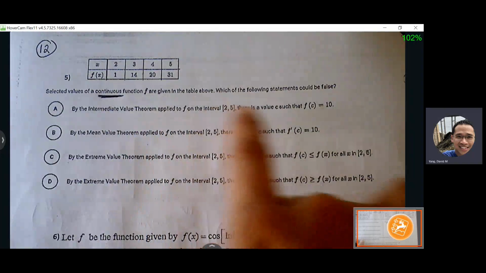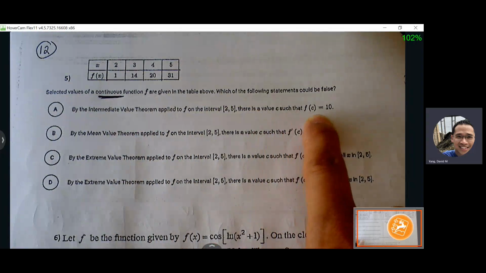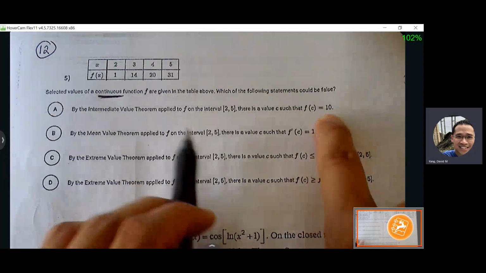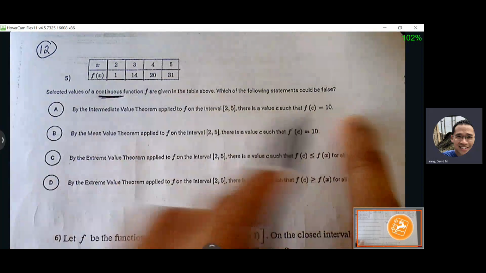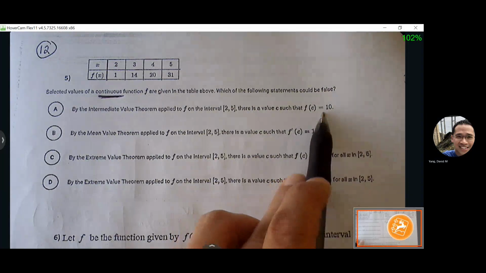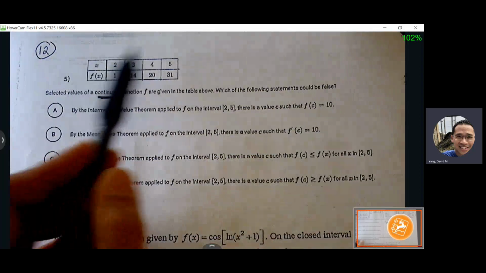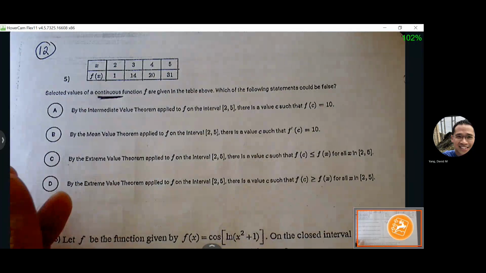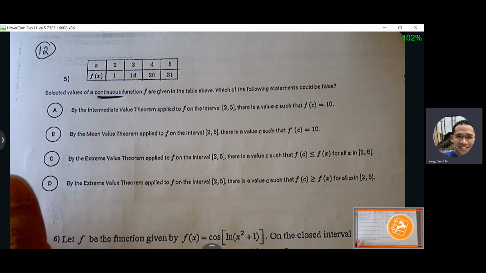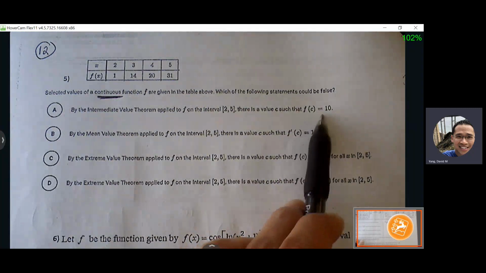By IVT, there exists a value such that f of c equals 10. So can I guarantee that by looking at the graph that my graph is going to somehow hit a y value of 10 somewhere along this interval? Yes. Why is this true?